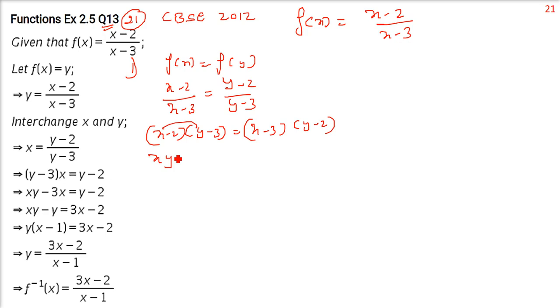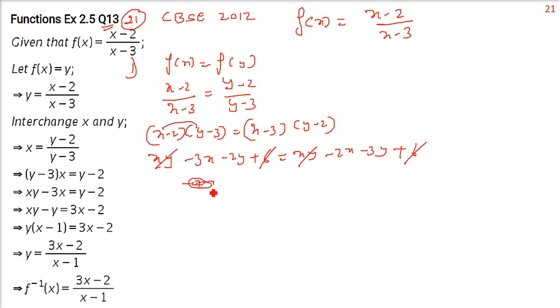So xy minus 3x minus 2y plus 6. That is, just multiply these two expressions. Then you have xy minus 2x minus 3y plus 6. So xy gets cancelled, 6 also gets cancelled. Take x on one side and y on the other side.